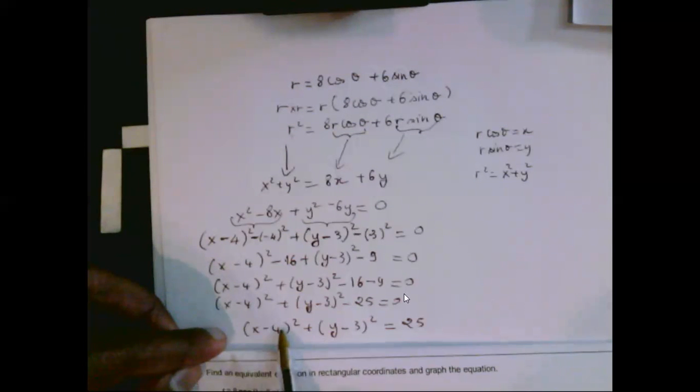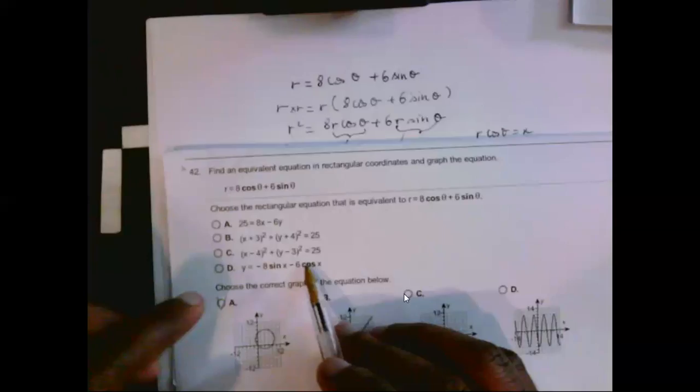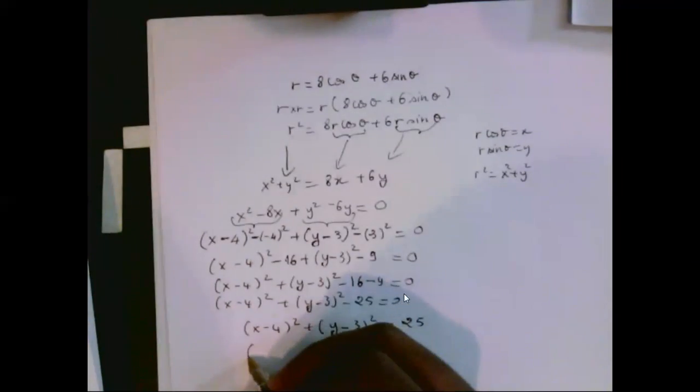But before I even graph, I noticed that this is the equation of a circle. 25 is just 5 squared, right?